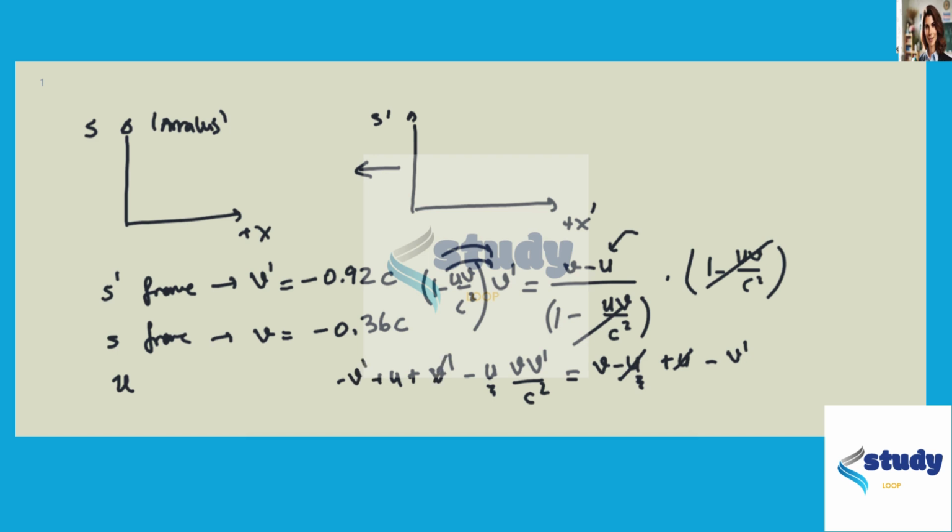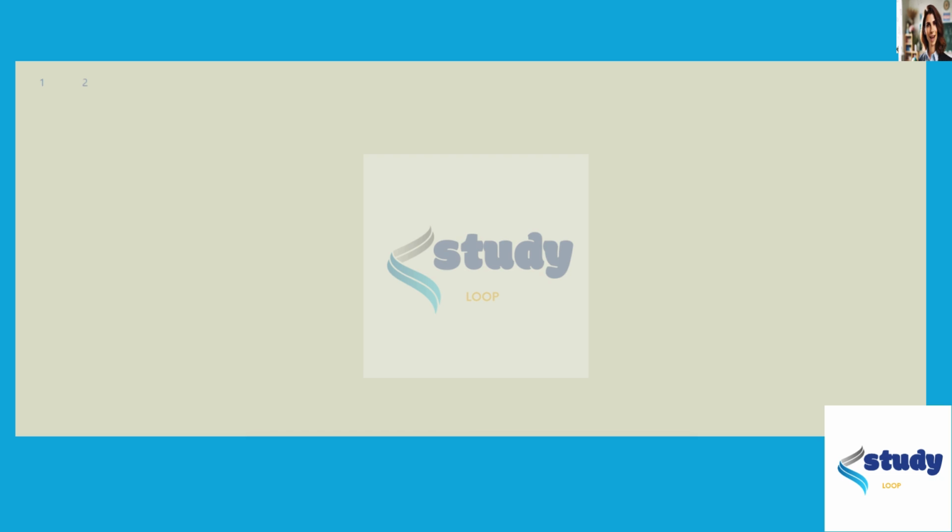Finally, on the left-hand side we have u minus u times v prime over c squared, and on the right-hand side v minus v prime. Grouping the u terms, I divide both sides by this term in order to isolate u. Let's do it on the next page.